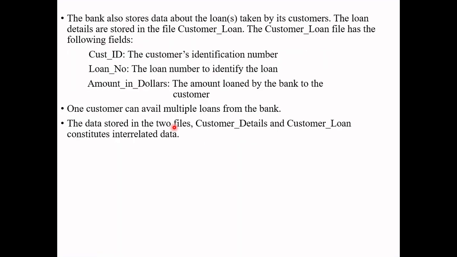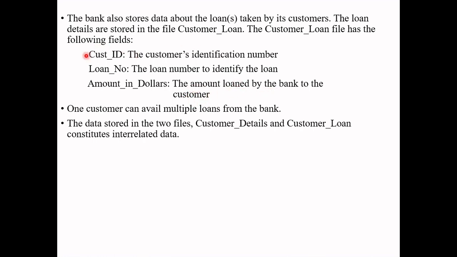Okay, so the bank has another table, that is loan. The bank also stores data about the loans taken by customers. The loan details are stored in another table named customer loan. The customer loan file has the following fields: customer ID, since loan also considers the customer's identification number; loan number, which stores the loan number; and amount in dollars, the amount loaned by the bank to the customer.